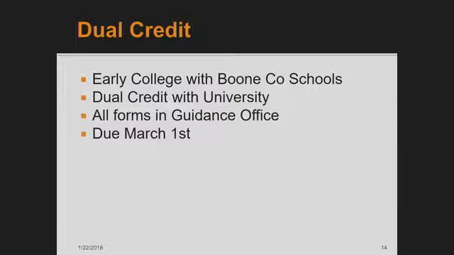Students also have the option of dual credit within the university itself. It is important to remember that students must meet the admission requirements for the colleges and universities in this program in order to be eligible to participate. All forms for this program are due in the guidance office by March 1st.